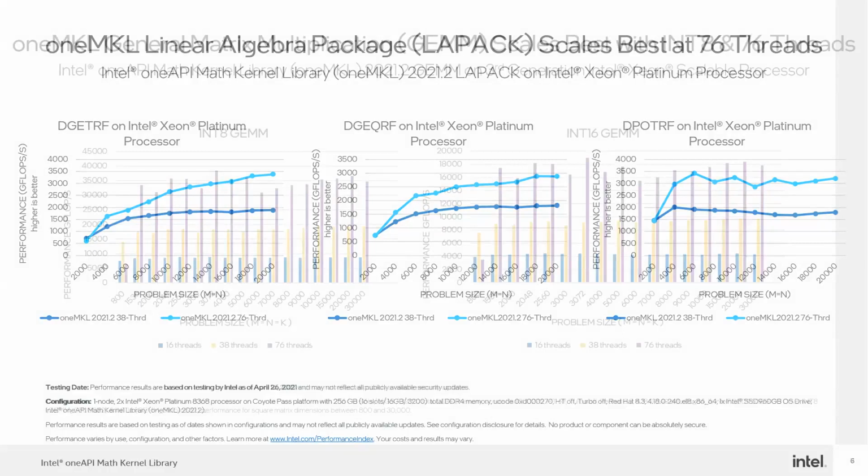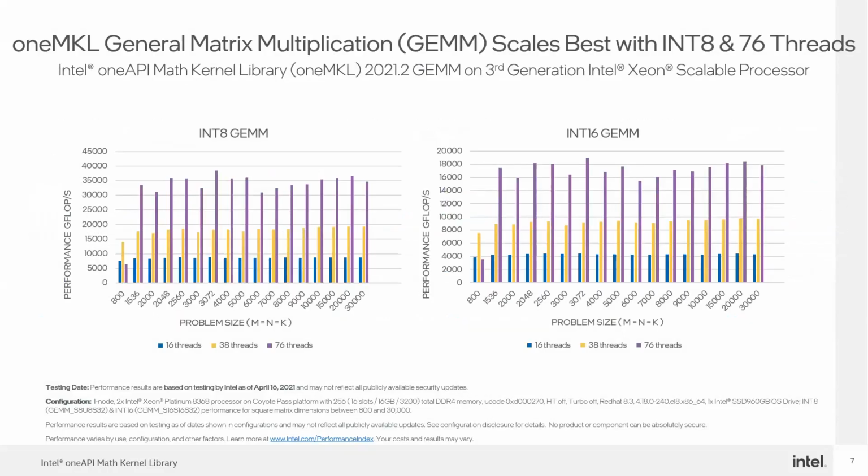Same thing here, but it's GEMM, so general matrix multiplication. But what's interesting here is that it's running on integer types, so integer 8, integer 16. Those are particularly interesting if you do deep neural network sorts of computations. What you can see is running for a quarter of the threads, half of the threads, and the full threads that you have on the machine, so the number of cores, let's say.